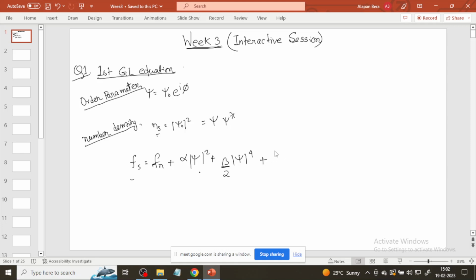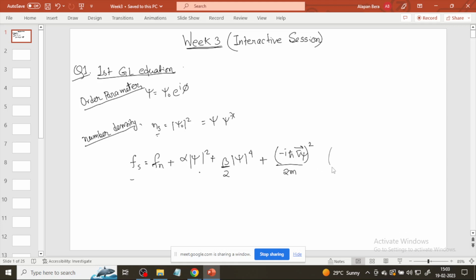So that is written by h cut squared k squared by 2m, as you know, but we write it in operator form. So that is given by minus i h cut delta by 2m, and this is operating on this wave function psi. So this is basically the h cut squared k squared by 2m form.